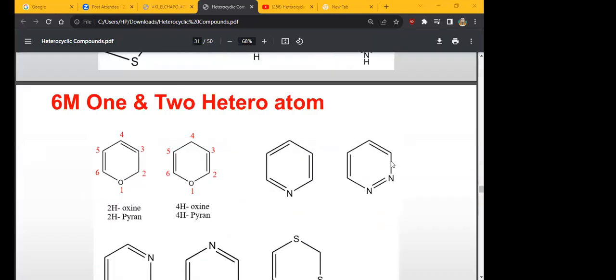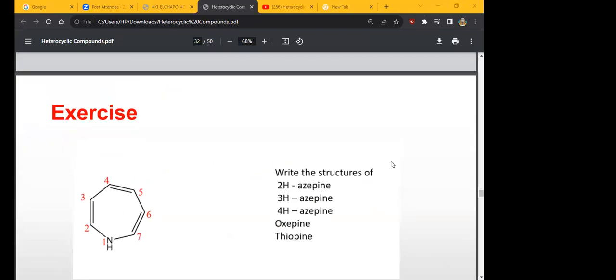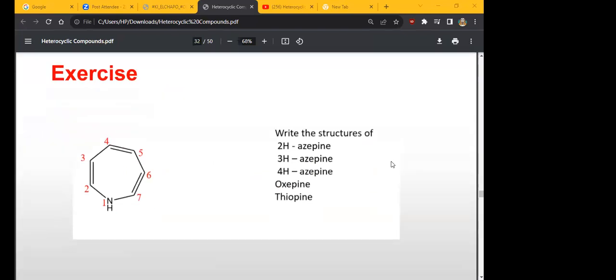Yeah. Yes. Yeah. You want to try and name this structure?